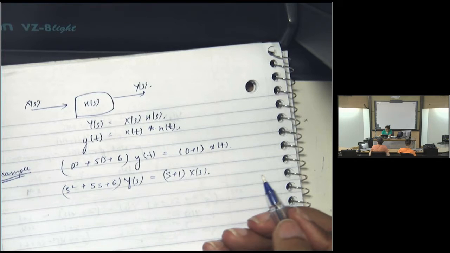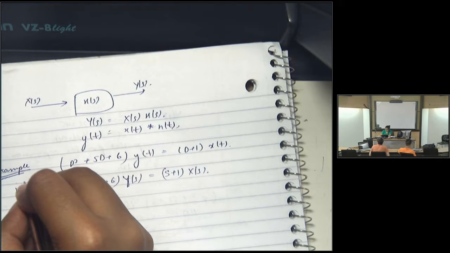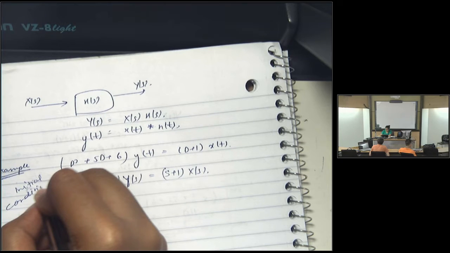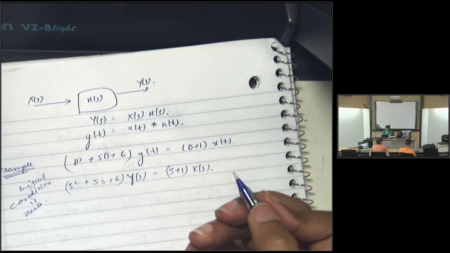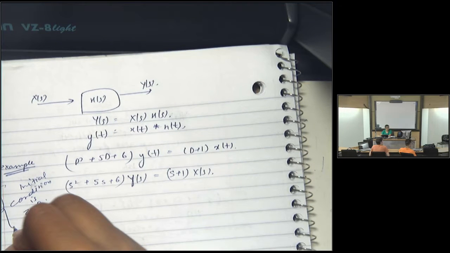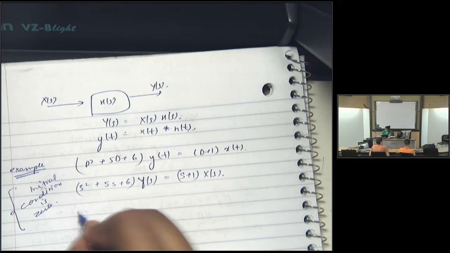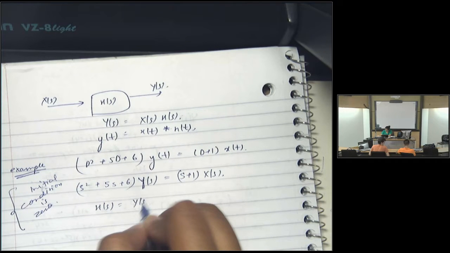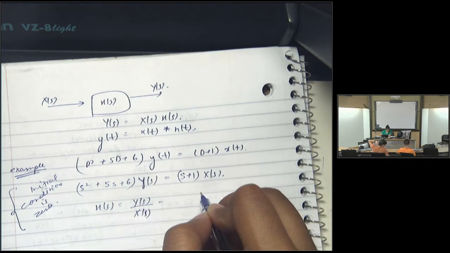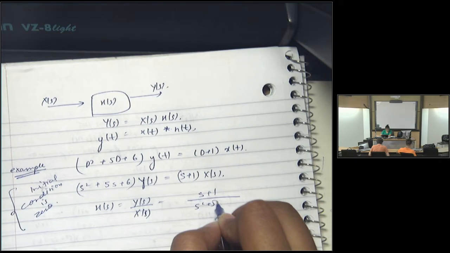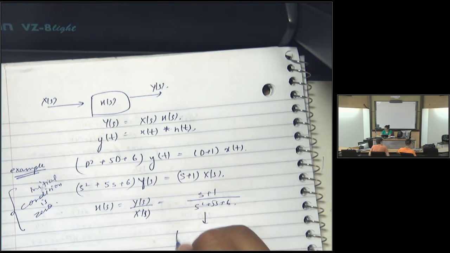This is the case when my initial conditions are zero. So do not forget about the fact that my initial condition is zero. So my H(s) is nothing but Y(s) over X(s). So we get (s + 1) over (s^2 + 5s + 6). Do a partial fraction expansion.